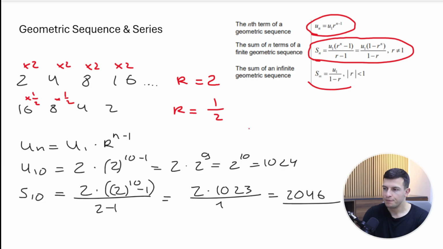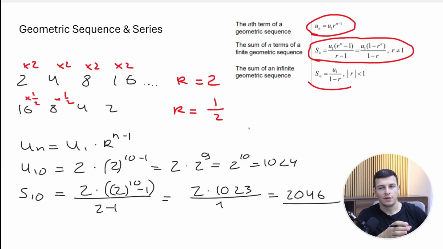The key here, though, is that it's not applied to any geometric sequence. It's only applied to the ones where r, or rather the absolute value of r, is less than 1. So basically values that are less than 1, or greater than negative 1. That's why there's an absolute value.